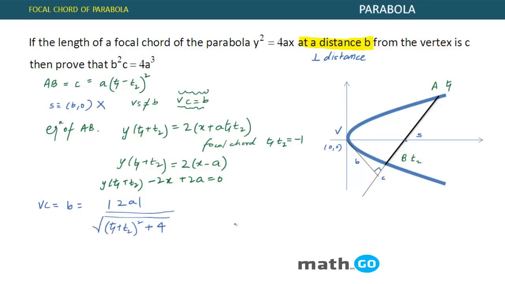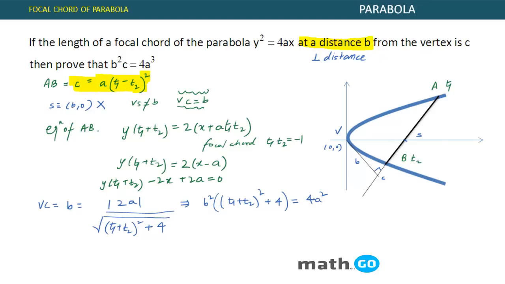Can you tell me this? So this implies I can say b square is equal to 4a square upon (t1 plus t2) whole square plus 4. What is (t1 plus t2) whole square in terms of (t1 minus t2)? Because I know this value also, so I somewhere have to use this also. Remember, I have to use this also. Don't forget.